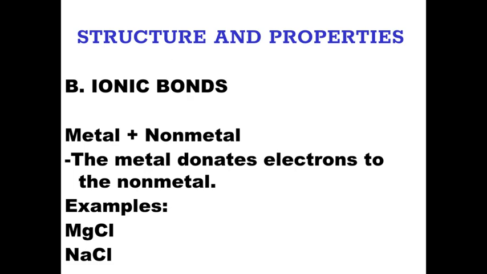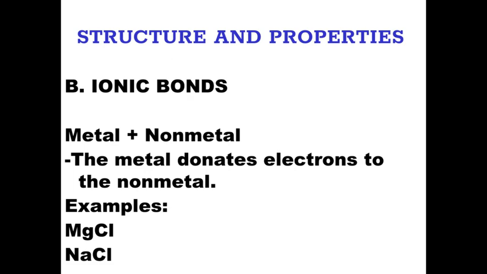Remember when I talked about ions, the metals that form your cation have too many, and want to get rid of some, at least one. And your nonmetals, which form your anions, they want to get to 8, right? They want to be like the noble gases. So they need those electrons. And so the metal says, hey, I have 1 extra, you can take mine. Or I have 2 extra, you can take mine. And that forms a bond.